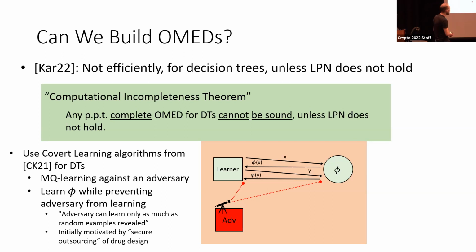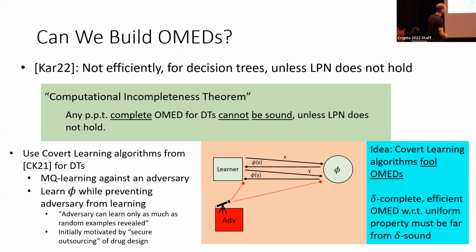The game for the learner is to have a PAC learning guarantee as usual, but also prevent the adversary from learning at the same time. This is formalized using the simulation paradigm. Basically the guarantee that the learner wants to achieve is that the transcript over the queries and labels is efficiently simulatable using only random examples of the function. This is often seen, in a qualitative sense, as much less information than full oracle access.